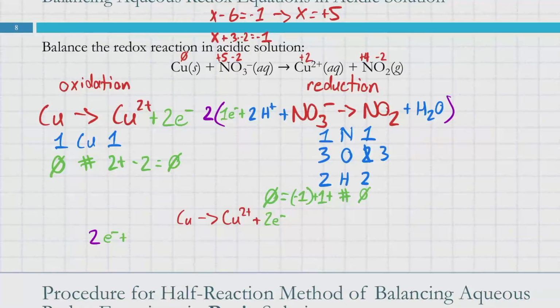Okay, so 2 electrons, 2 times 2, 4 H plus, 2 times 1 NO3 minus, that's 2 NO3 minus, goes to NO2 plus H2O.